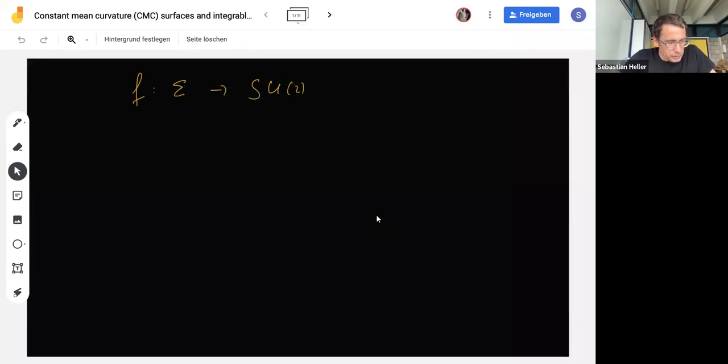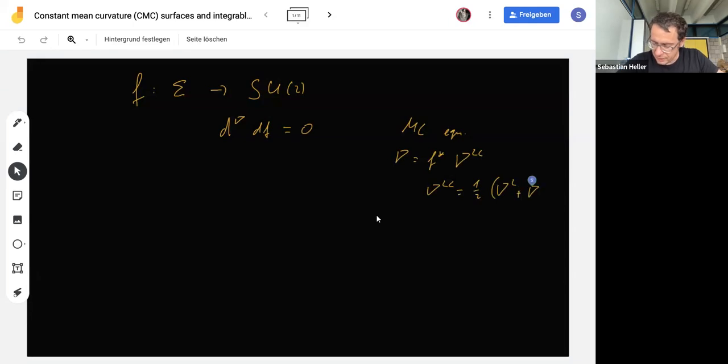We looked at the integrability condition, the Maurer-Cartan equation, d nabla df is 0, where nabla is the pullback via f of the Levi-Civita connection, which is the mean of the left trivialized connection on the Lie group SU2 and the trivial connection given by the right trivialization.